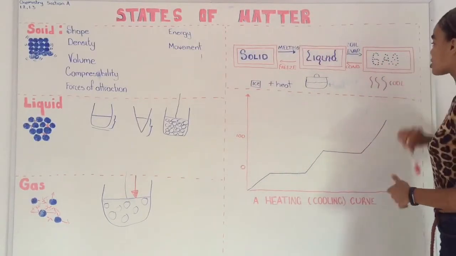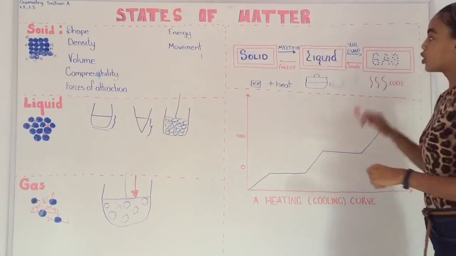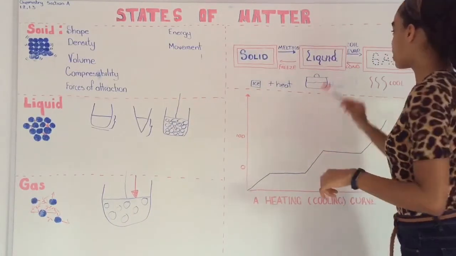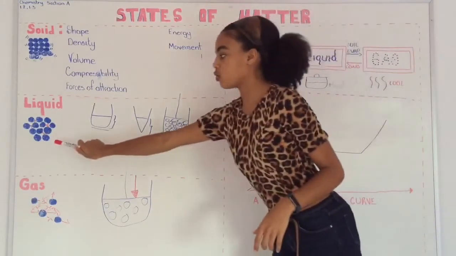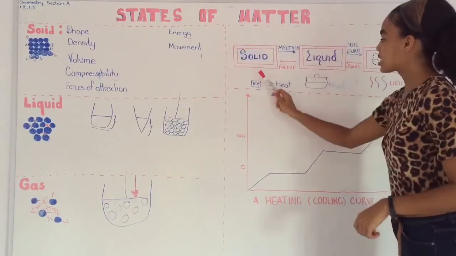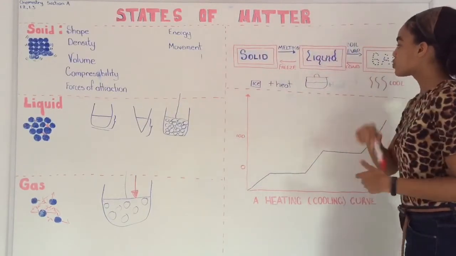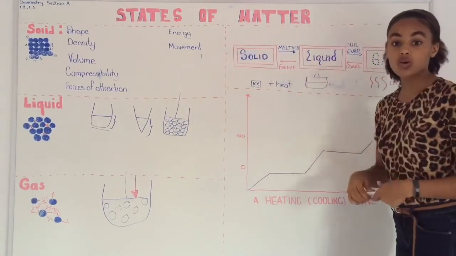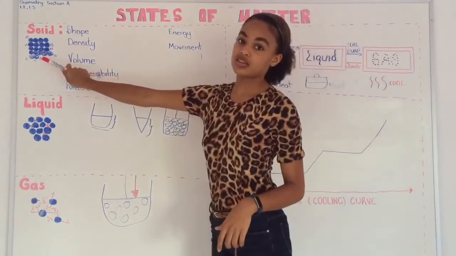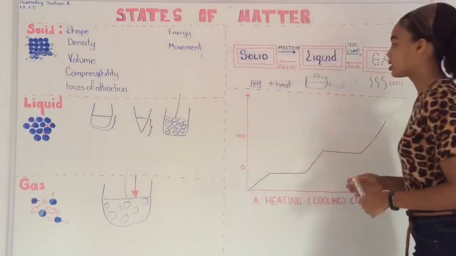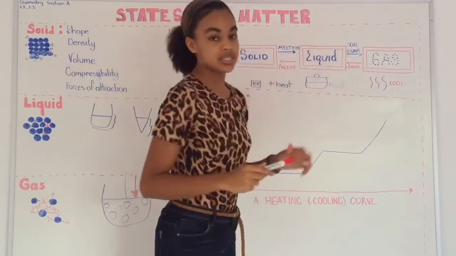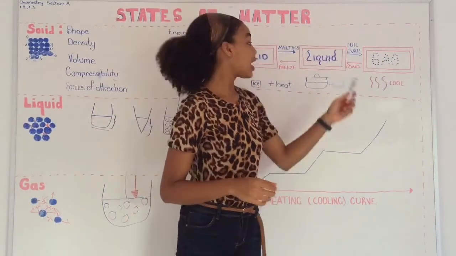If you have a gas and you want to get a liquid, you remove some heat from it, you cool it down, which removes energy, and you get a liquid, which is a lower energy state of matter. If you have a liquid and you want to get a solid, you remove some heat from it, you cool it down or you remove energy from it, and you get a lower energy state of matter, which is a solid.